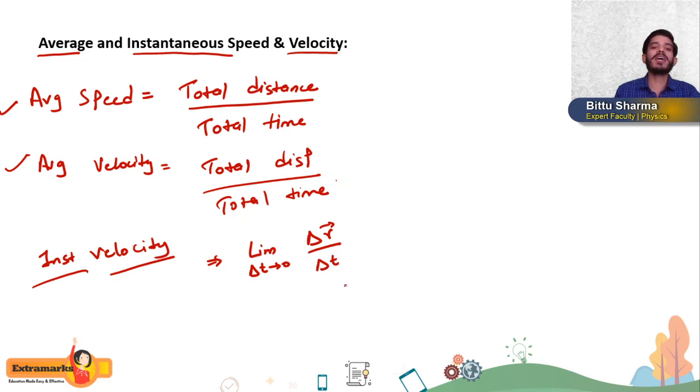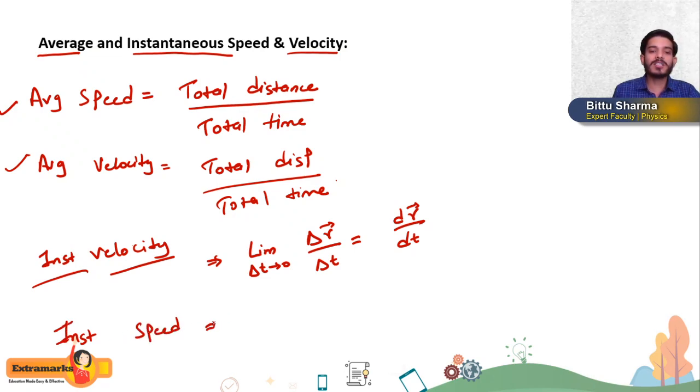Now what is r here? r is the displacement. Velocity is a vector quantity, so I write delta r vector divided by delta t. When delta t tends to 0, this you can write as dr by dt. Differentiation of displacement directly gives velocity. Okay. In the same way, instantaneous speed.